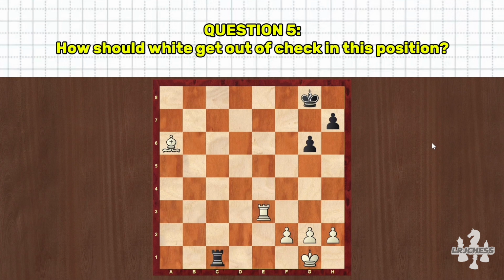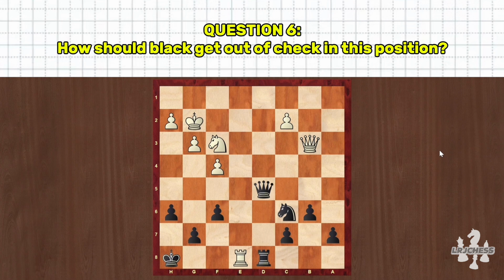Question number 5. How should white get out of check in this position? And for the final question, how should black get out of check in this position? All 3 options are possible, and you have to figure out which is the best.